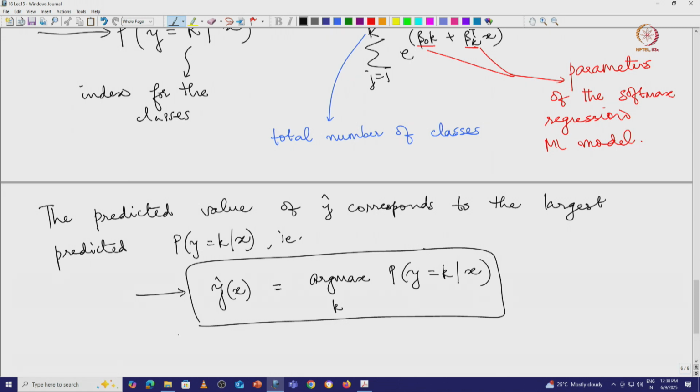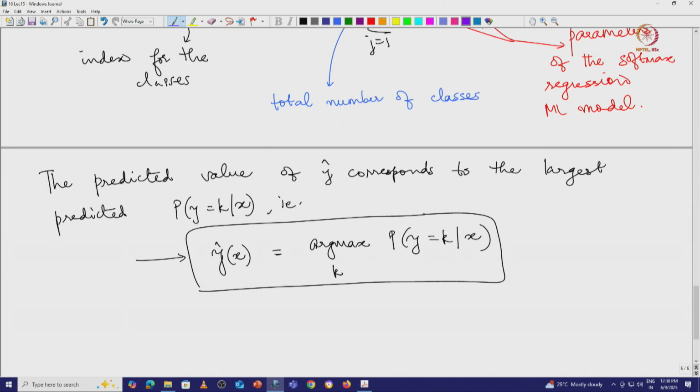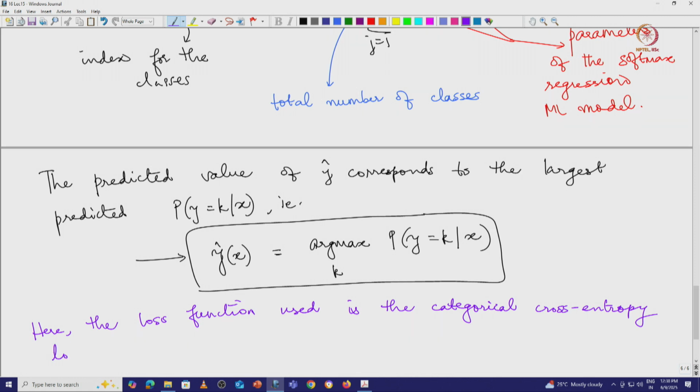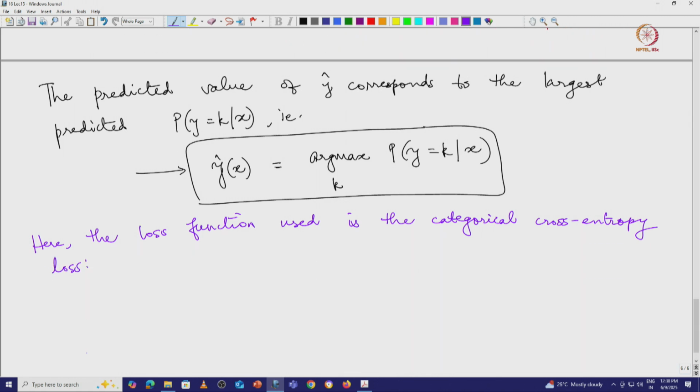Now, what is the loss function that is used here? In the case of logistic regression, we use the binary cross entropy loss. Here the loss function used is the categorical cross entropy loss, which looks as follows.